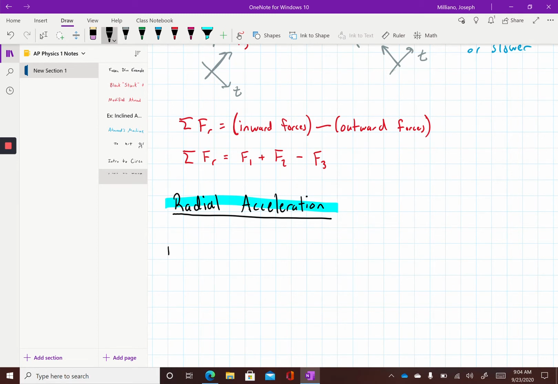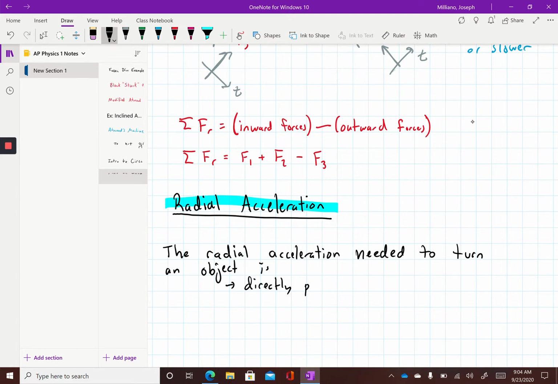But here's what we need to know: the radial acceleration that's needed to turn an object is two things.